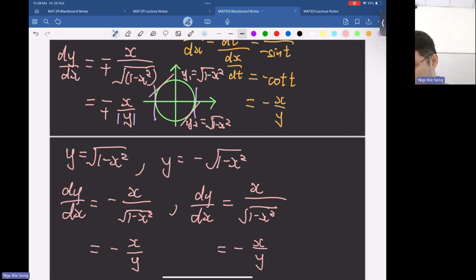Let me think. Okay, then what? Then I don't need this, I guess. I shouldn't have that. Because if I consider this case, it's true, negative x over y. But if I consider this case here, since there is a plus there but my y is negative, it should bring out this negative.